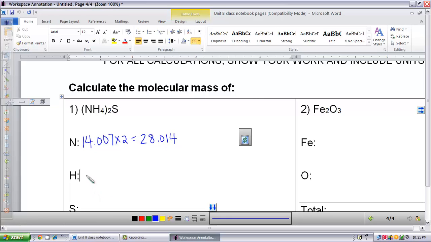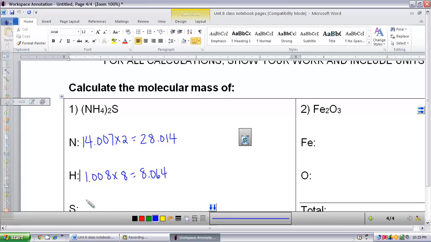28.014. Hydrogen is going to contribute 1.008 for each hydrogen. But here you have 4 hydrogens in the molecule, but there's 2 sets of the ammonium ions. So 4 times 2 is 8, and that results in 8.064.